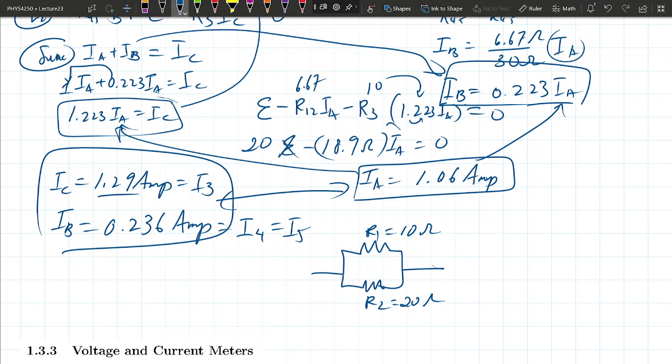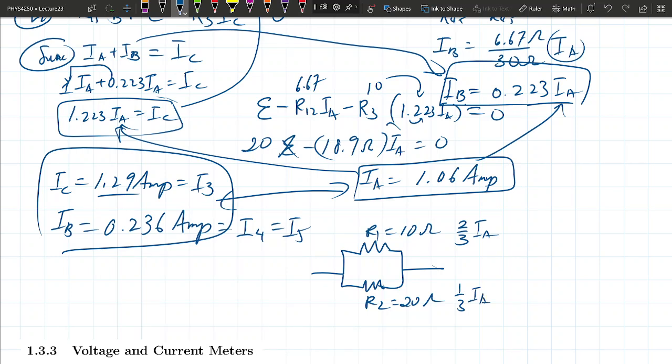Imagine this as a two-lane highway, and this as a one-lane highway, because the resistance is inversely proportional to how much stuff can flow through it. So this is going to carry 2/3 of the current, and this is going to carry 1/3 of the current.